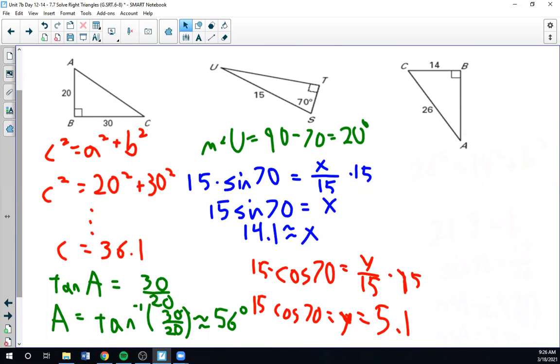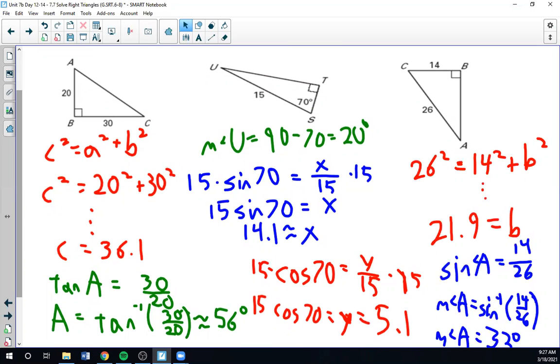I started by solving for A to B. If I know 2 sides and don't know the third, that's Pythagorean theorem's job. Hypotenuse was the 26. 26 was across from the right angle, so it went on the left. Solved it down, you should have gotten 21.9. Then if I'm solving for angle A, then I'm using opposite and hypotenuse.